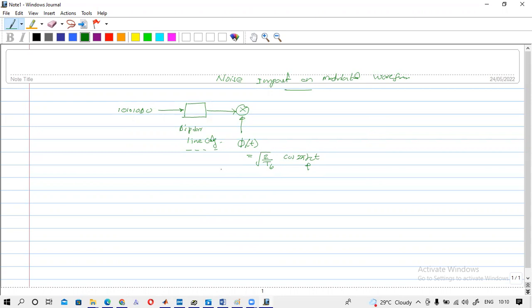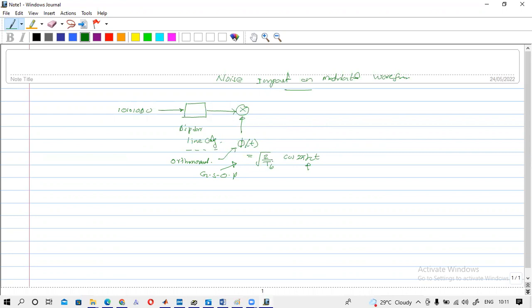You can find this using the Gram-Schmidt orthogonalization procedure. These are orthonormal functions and energy signals. If you can remember, please refresh your memory on this.